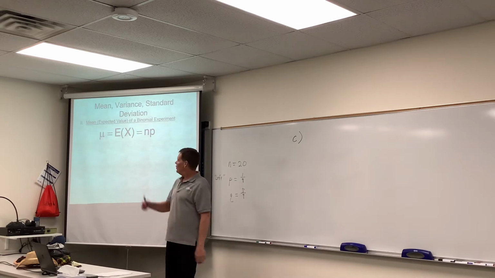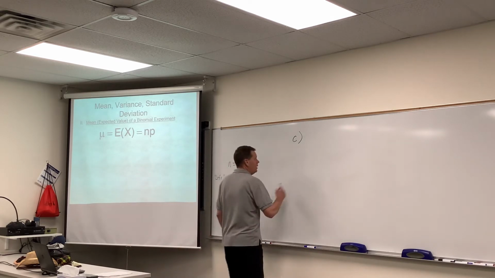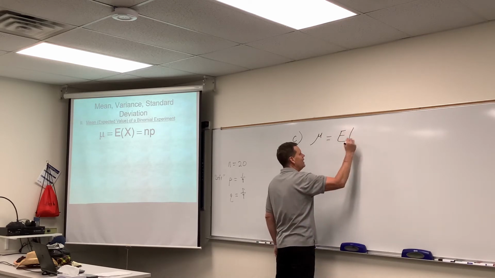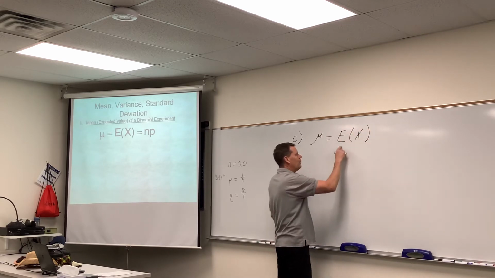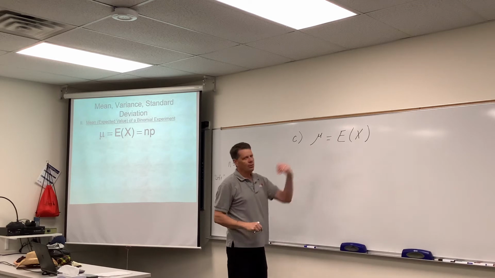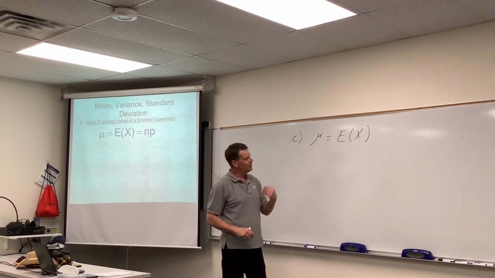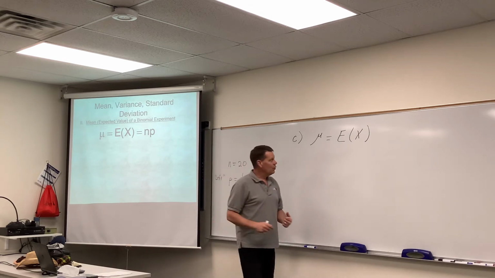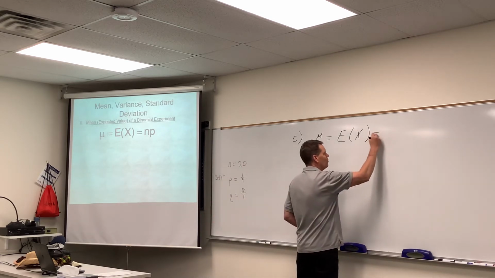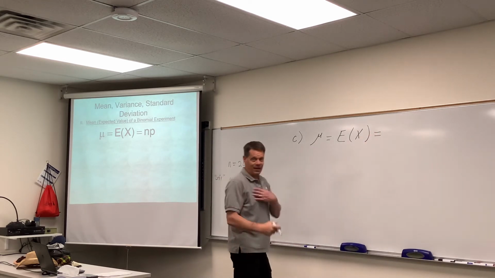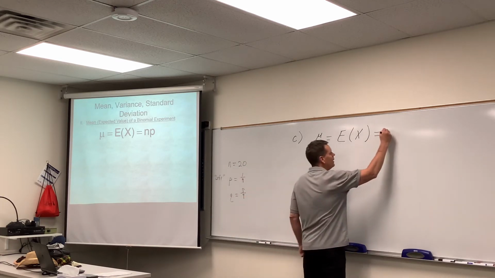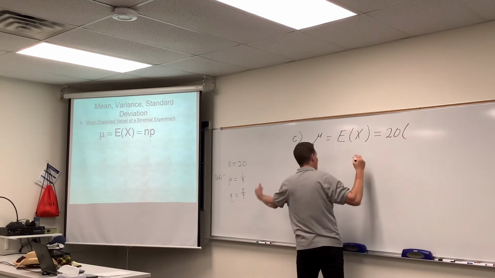But the mean, which I'll remind you can also be called mu, and in the symbolism of a random variable, we call it the expected number of left-handed people, the expected value of x, and simply it's n times p. So if we apply that formula, I think I could have figured this one out, you would simply take 20 times 1/9.